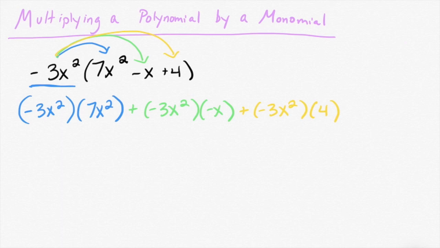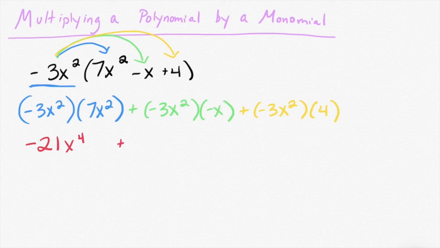Negative 3 times 7 is negative 21. Now I can multiply the x's together. I've got an x squared and an x squared that I'm multiplying. X squared and x squared multiplied together give me x to the 4th power.